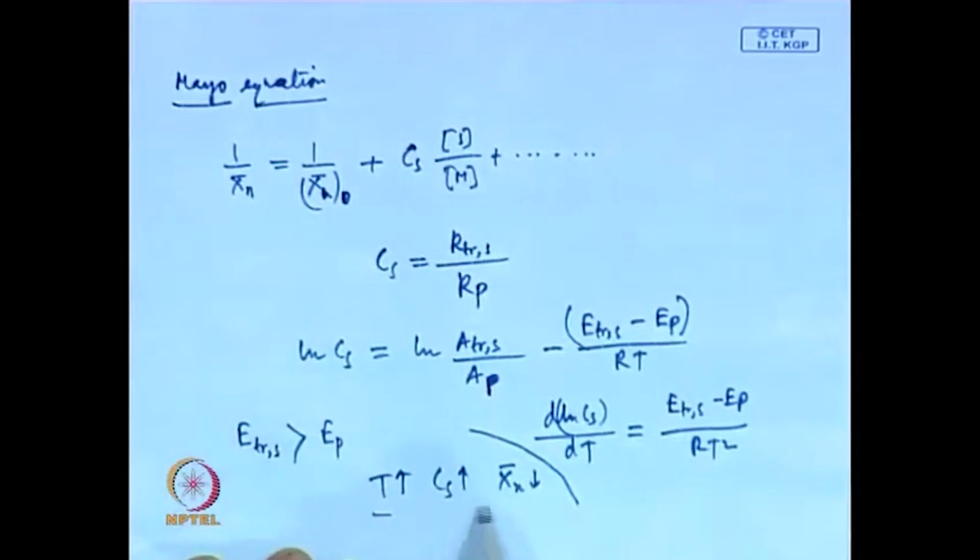Okay. So, increasing temperature has two effects. Increasing temperature by itself, even if there was no transfer reaction, was decreasing the molecular weight, and in presence of transfer reaction it is further reducing.